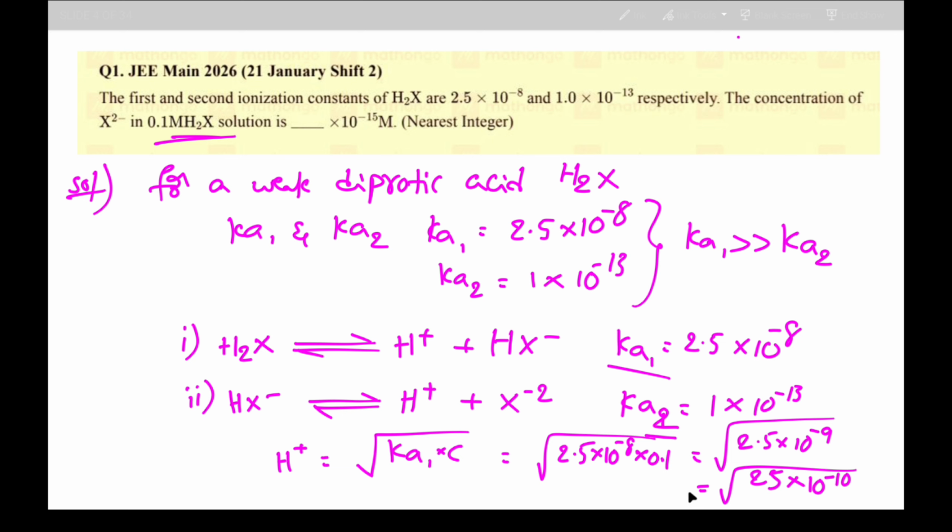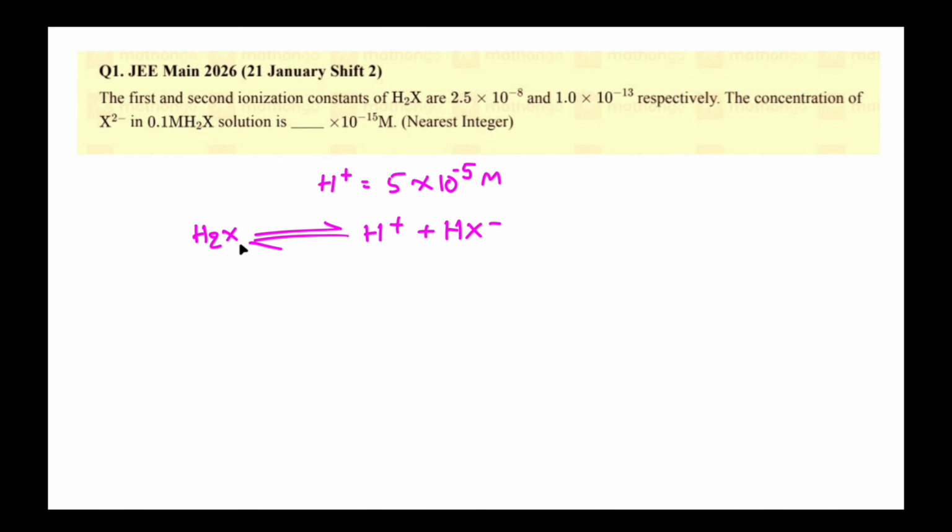So from this we find H+ value is 5 × 10^-5 M. From the first ionization reaction, we find that H+ and HX- values are the same, so that is 5 × 10^-5 M.